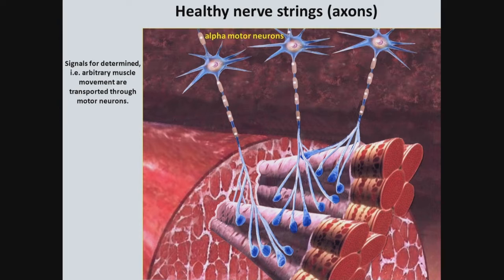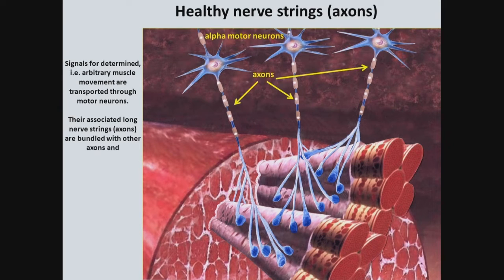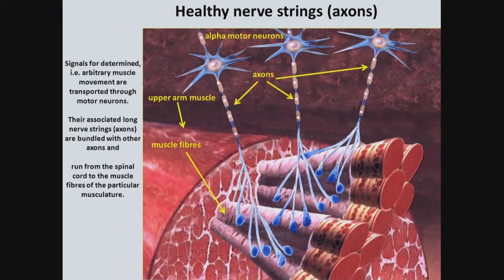Healthy nerve strings, axons. Signals for determined, i.e. arbitrary muscle movement, are transported through motor neurons. Their associated long nerve strings, axons, are bundled with other axons and run from the spinal cord to the muscle fibers of the particular musculature.